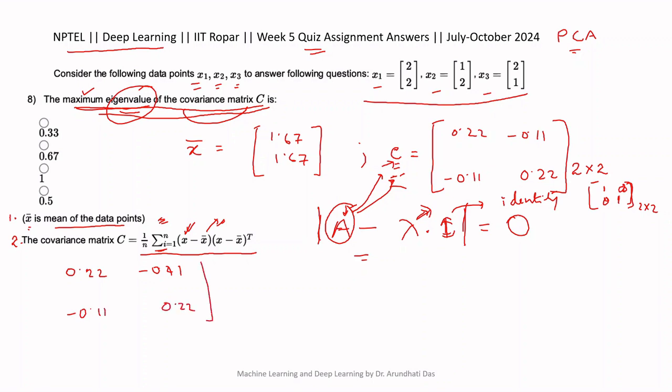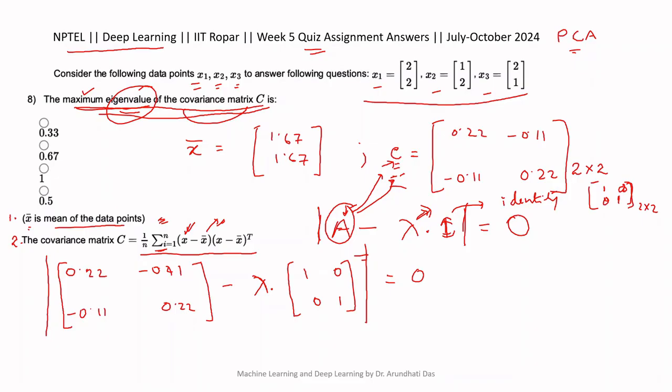This is my covariance matrix C. Lambda is the unknown value, which I have to find out, but the identity matrix I know: 1 0 0 1. I will do the operations on these matrices, then find the determinant, which is equal to 0.